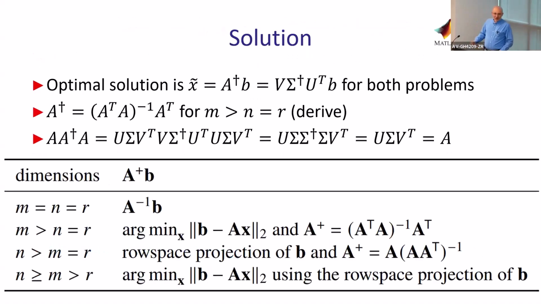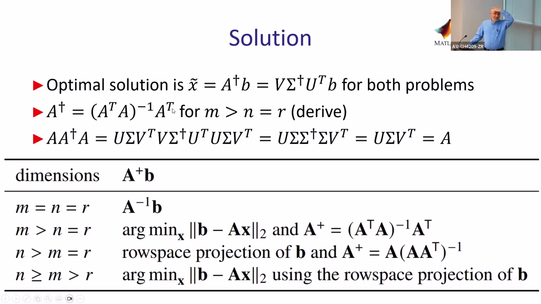So here's an additional solution to the problems that we have. The optimal solution will be the pseudo inverse, which is what we discussed so far. If you have a system AX equals B, and you want to find X which is optimal in the sense that we just discussed, this will be the solution for both problems.